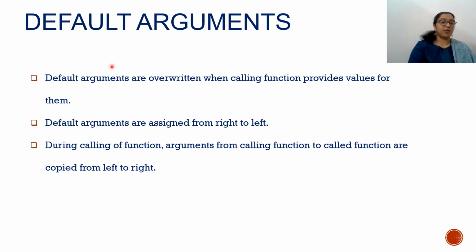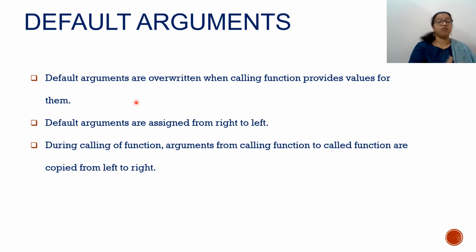There are some important points to remember when you are using default arguments. The first point is default arguments are overwritten when the calling function provides values for them. Understood? What is overwritten? Overwritten means delete the existing one and assign the new one.